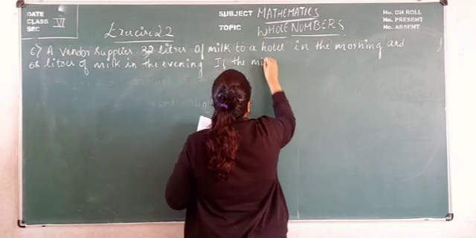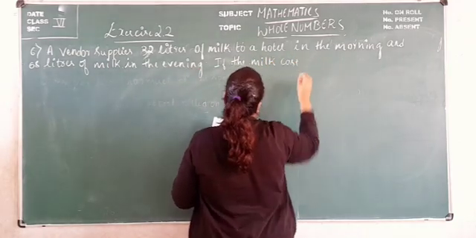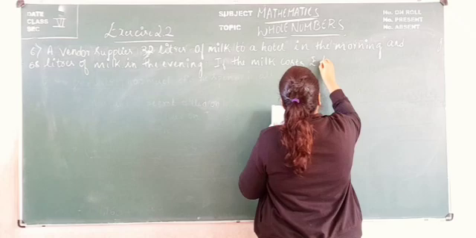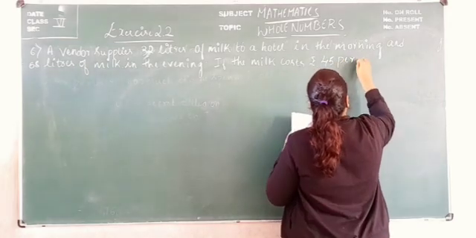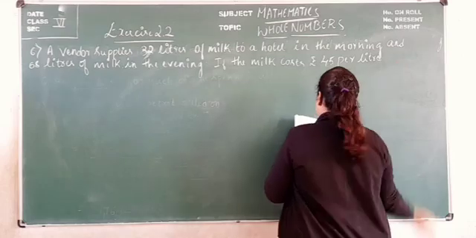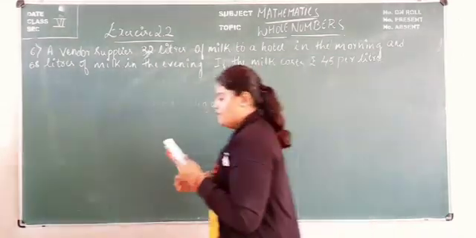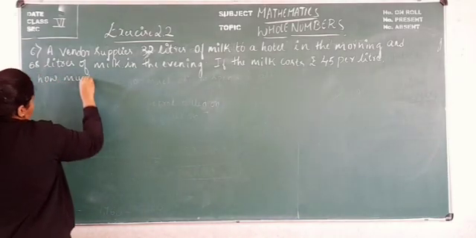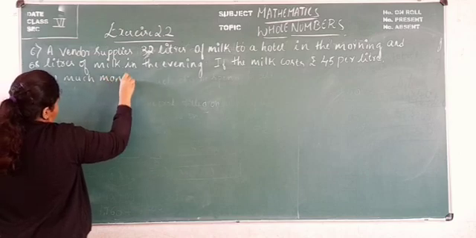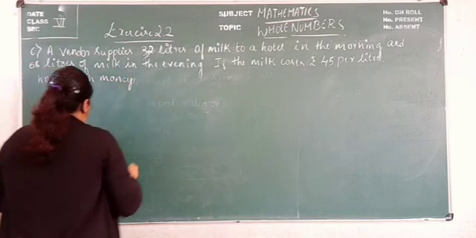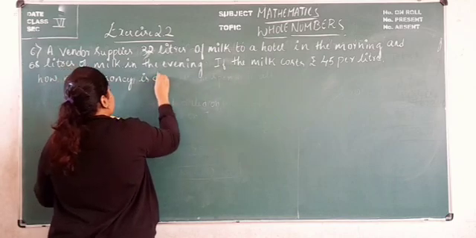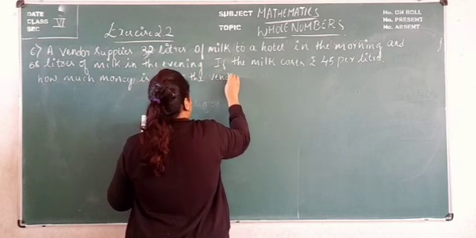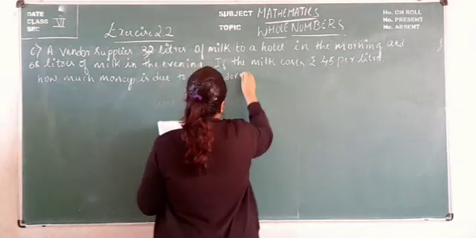If the milk costs rupees 45 per liter, how much money is due to the vendor per day?